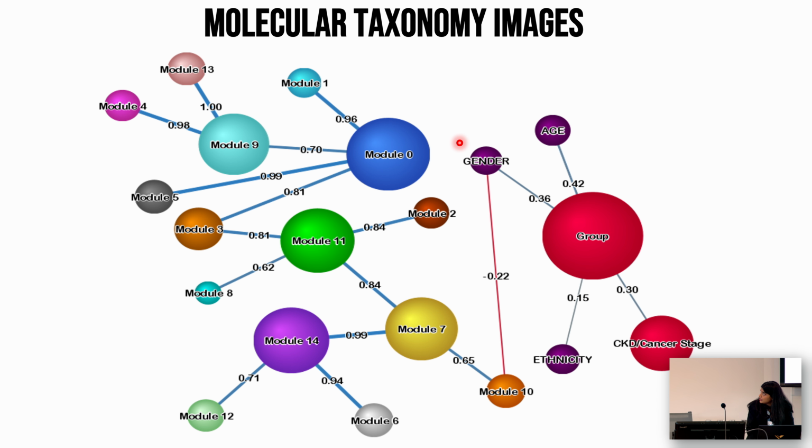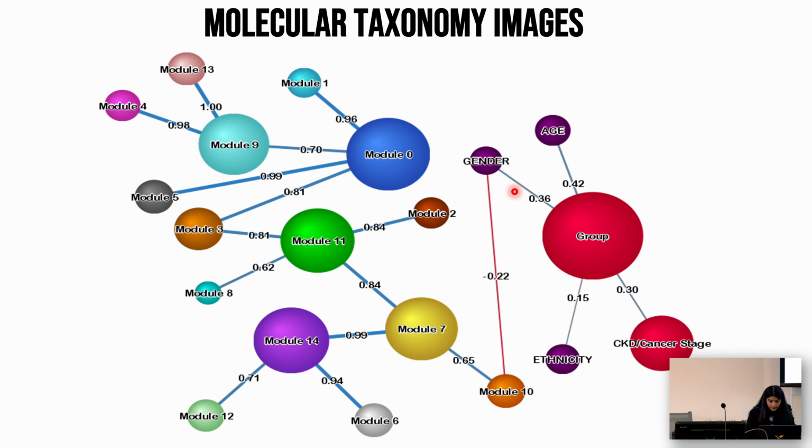I think in gender, male was 0 and female was 1. Sorry, female was 0 and male was 1. So as you move from healthy controls to ALN, to lupus, to DCKD, and finally to bladder cancer, we can see that gender is also moving from female to male.